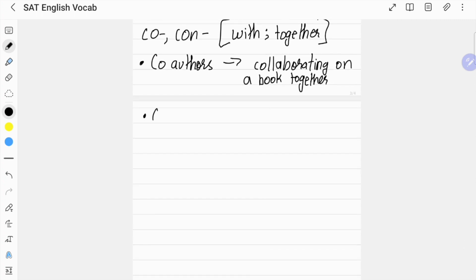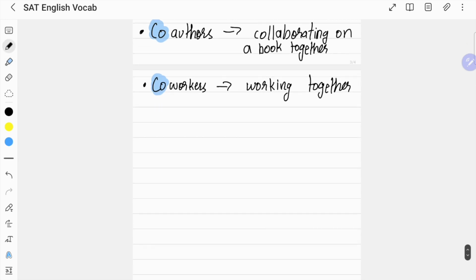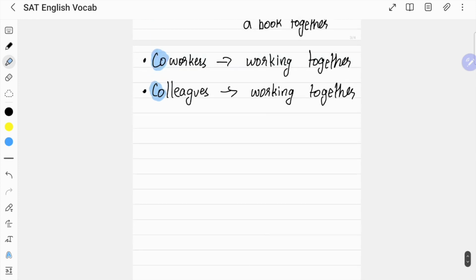We can take co-workers as working together. Here, co and co. We can also take colleagues. Hopefully this is the right spelling. Which normally means working together. So if one doesn't know the word colleague, it means working together.